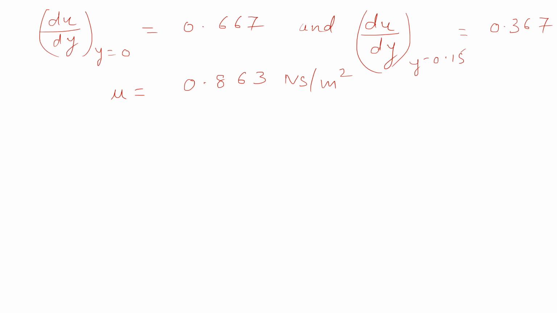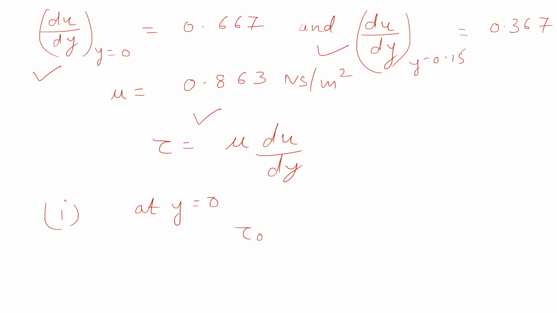We have the value of du over dy at y is equal to 0, du over dy at y is equal to 0.15, and we also have the value of mu, that is the coefficient of dynamic viscosity. Now we need to find shear stress. So we know that shear stress is given by tau is equal to mu du over dy. So first we will find shear stress at y is equal to 0.